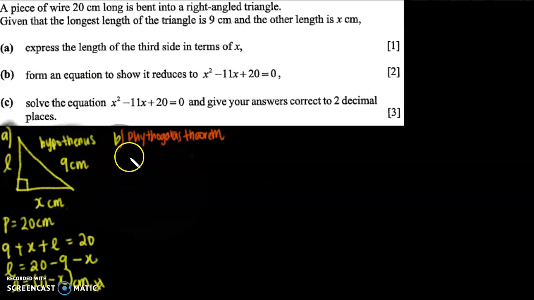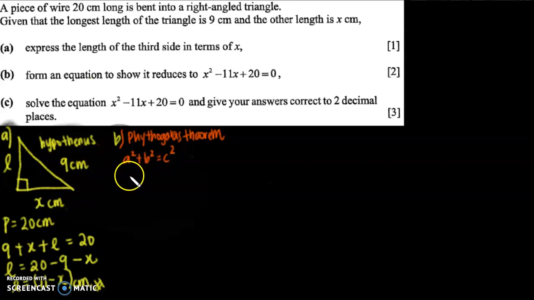The Pythagoras theorem states that a squared plus b squared gives you c squared, and c squared is most often the hypotenuse. So the addition of the squares of the two shorter sides will give you the squared value of the hypotenuse.